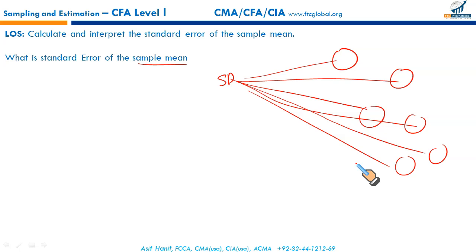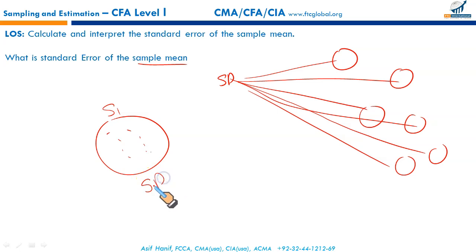Now there is a very important distinction. We may have a single sample, S1 for example, and there are many, let's say 30 values in this: 1, 2, 3, 4, 5, 6, 7, and so on. The standard deviation alone of this sample measures the variability within a single sample. I'm sure you know what standard deviation is, we did it in our previous learning outcome statements, previous readings.